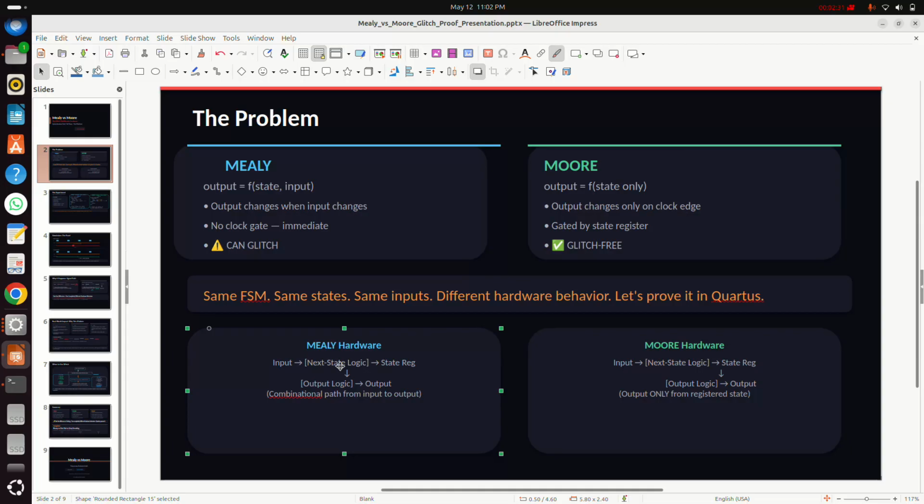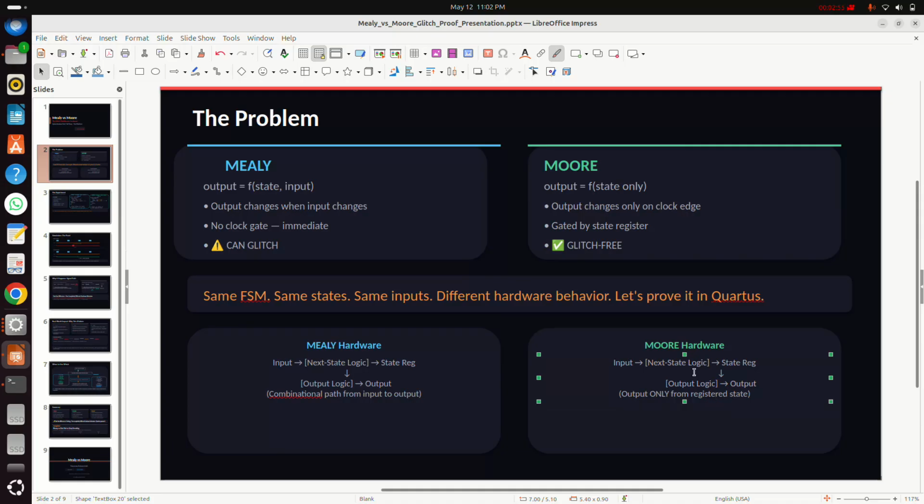It is clearly shown that the output logic is also driven from there. This is because we give input and there is a combinational path from input to output, and in the Moore hardware we observe that output only comes from the registered state.